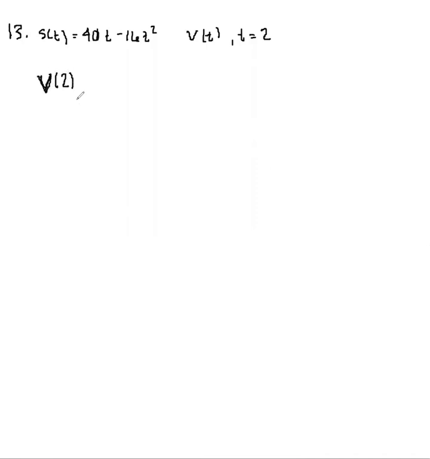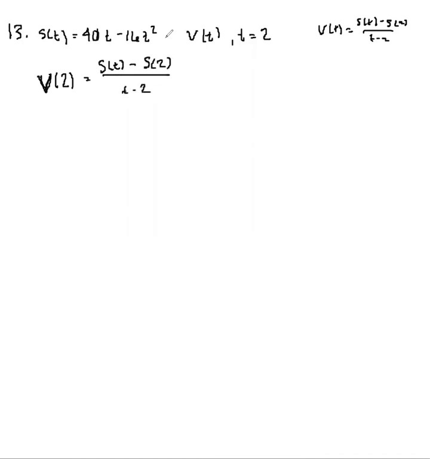So v of t is going to be equal to S of t minus S of a over t minus a, so this is going to be S of t minus S of 2 over t minus 2.